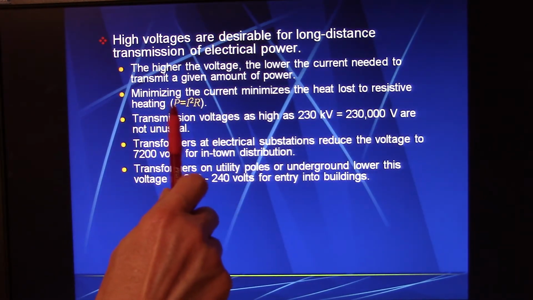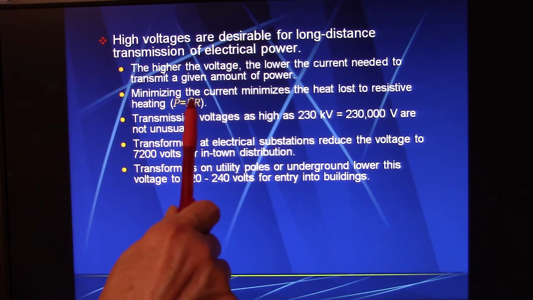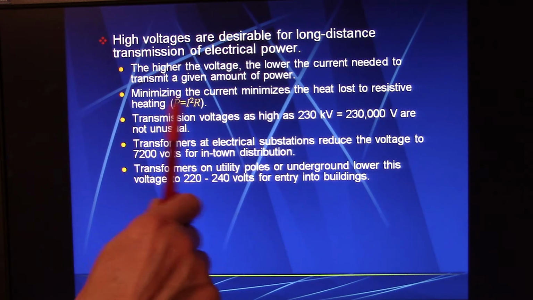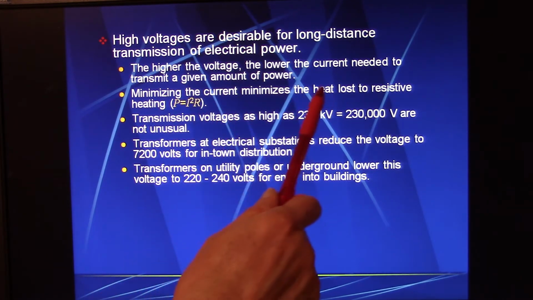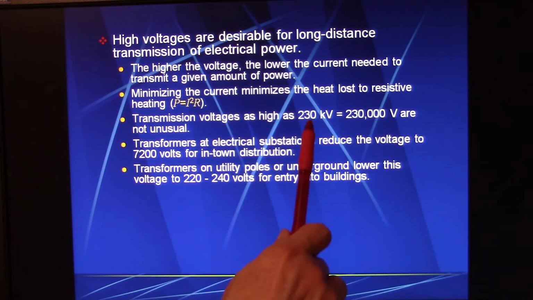So remember, your power is equal to your current squared times the resistance. So you want to have your current small, so you won't lose as much power as heat going through the wire. You do that by transmitting very high voltages.